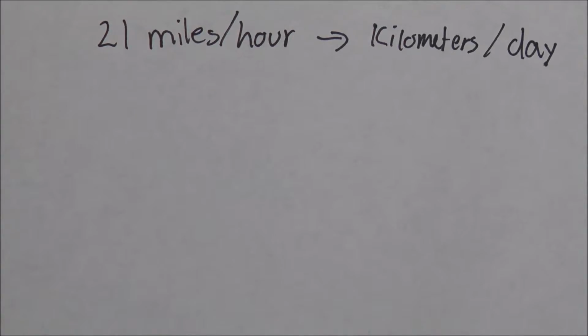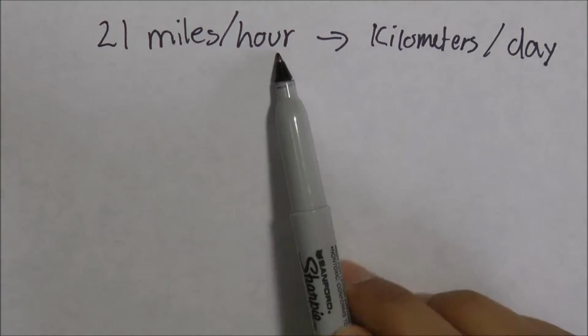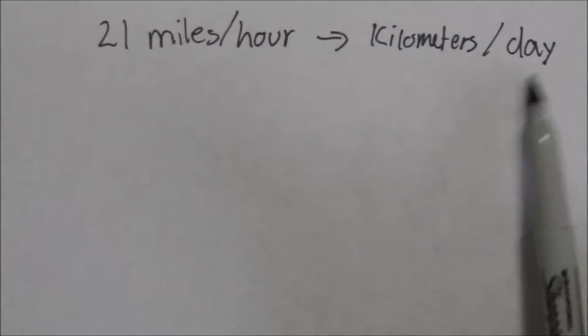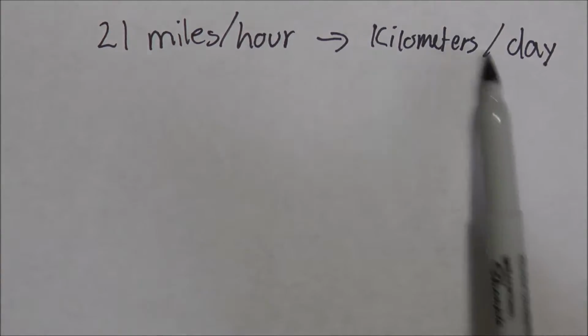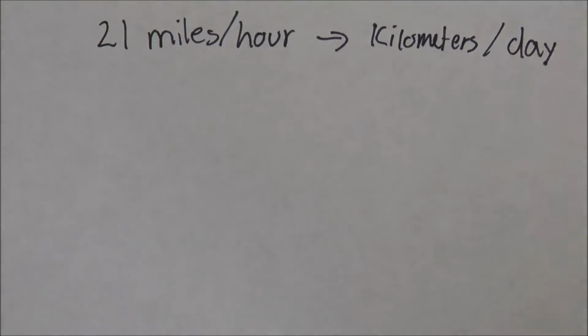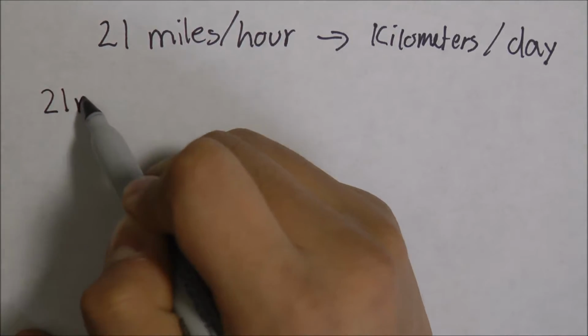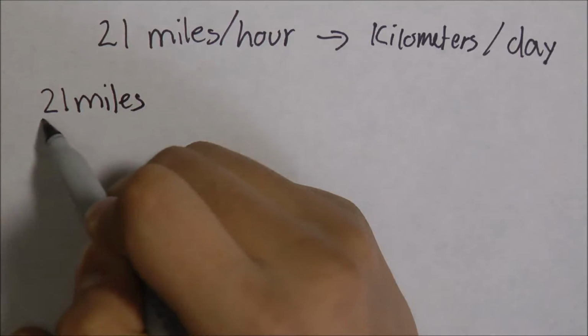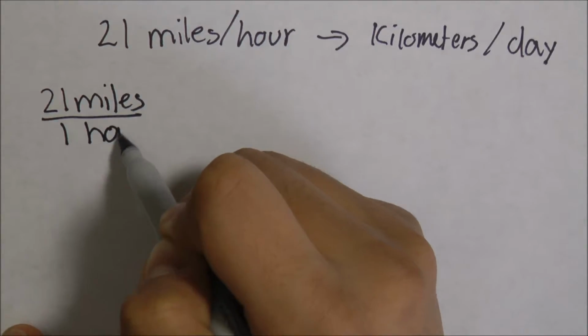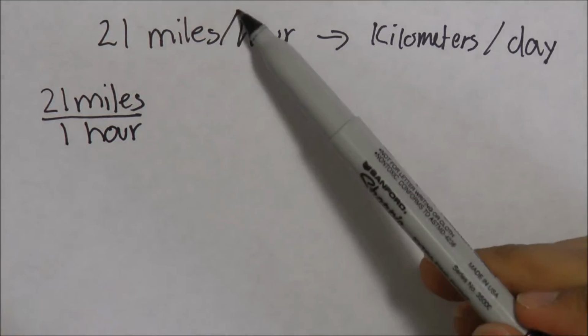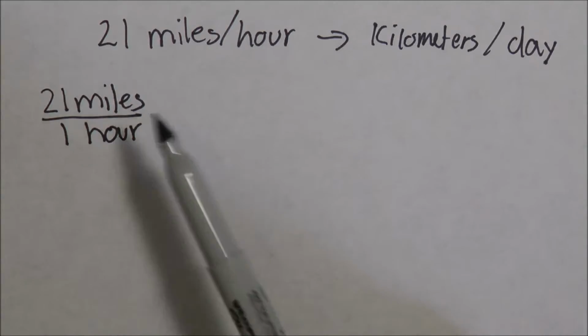Now in this example, there are 2 units you have to change: miles per hour and kilometers per day. You want to change miles to kilometers and hours to days. Let's start out with writing 21 miles per hour as a fraction: 21 miles over 1 hour. This sign also means divide.